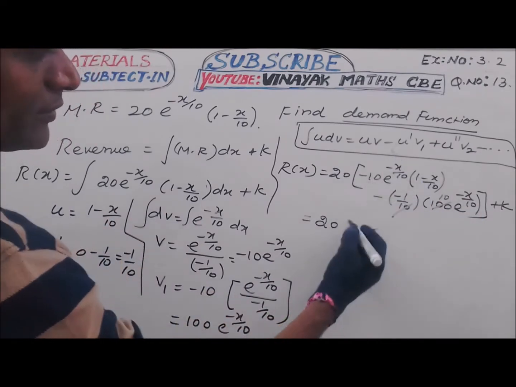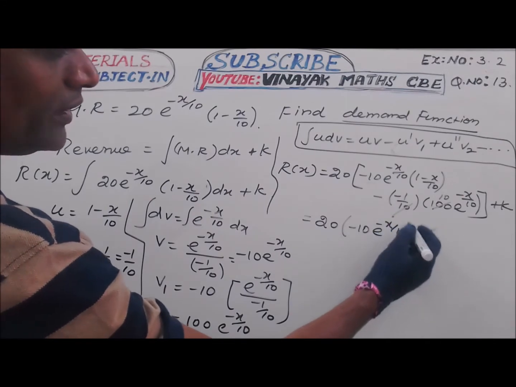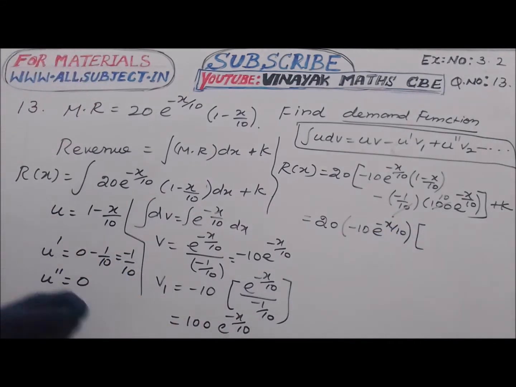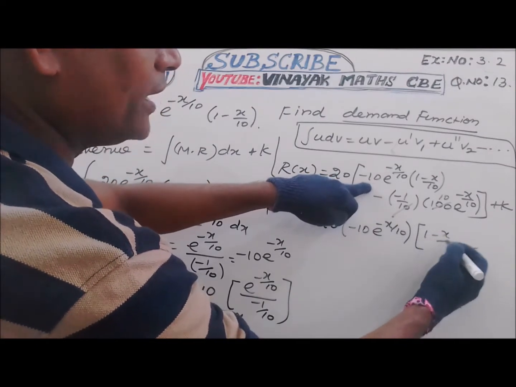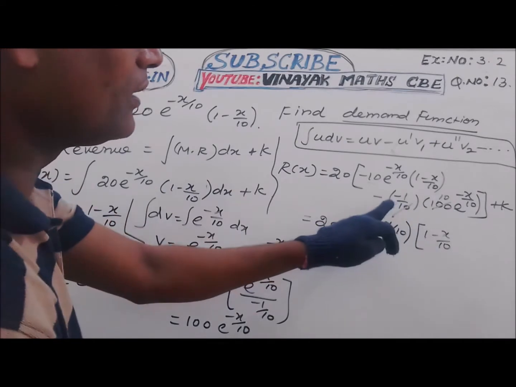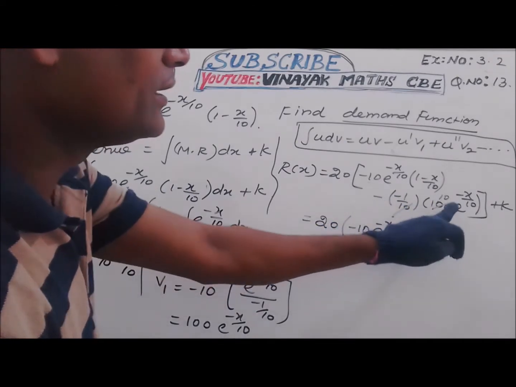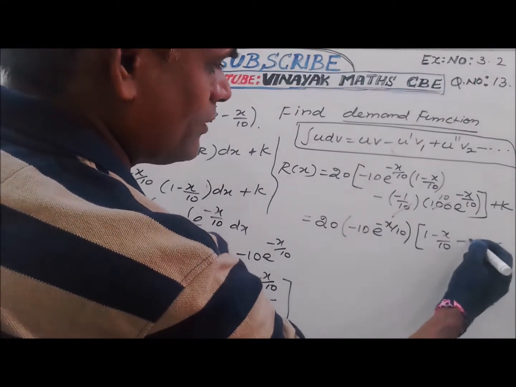The remaining is, in the first term, 1 minus x by 10, and in the second term we have minus 1 only.